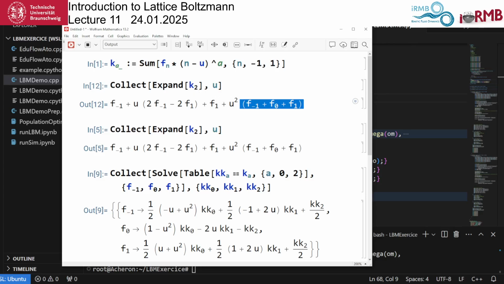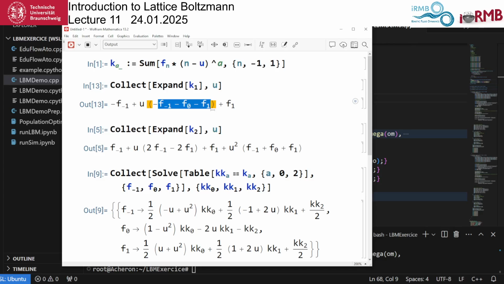And what we have here is something that looks very much like the first raw moment. In the first moment, we also have the first raw moment sitting here, and also minus the zero moment. So there is some repetition.